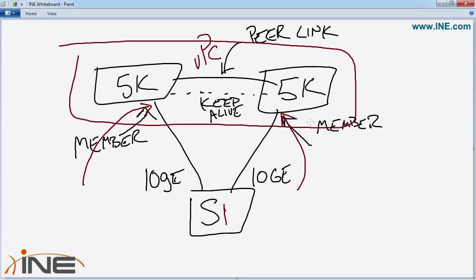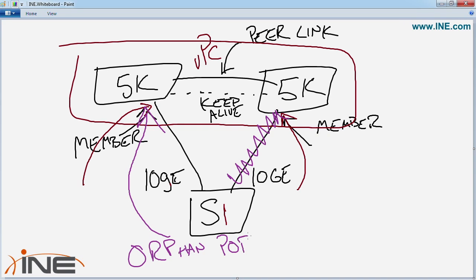So you need to make sure that the end device, whether you're channeling to a server or to another downstream switch, is dual attached. There should be at least one link to each peer. There can be more, but if we were to only attach this server in this direction, let's say this link didn't exist, this is then what is considered to be an orphan port.